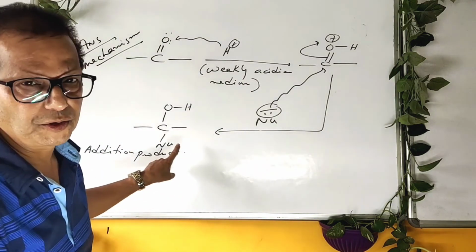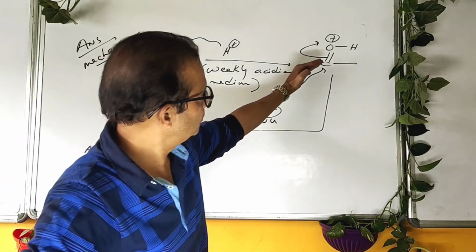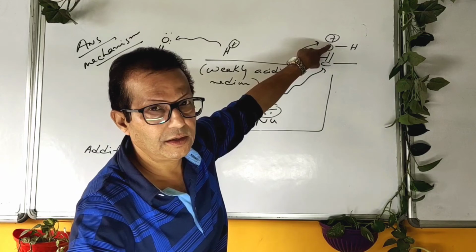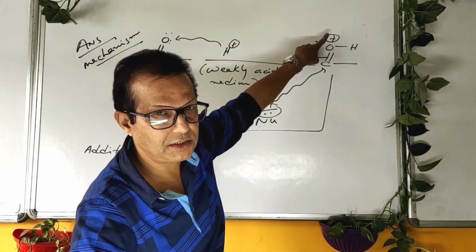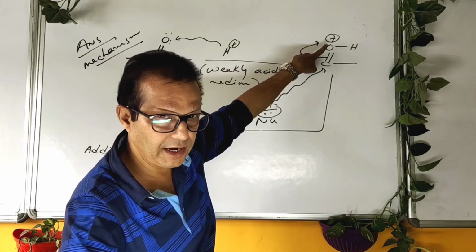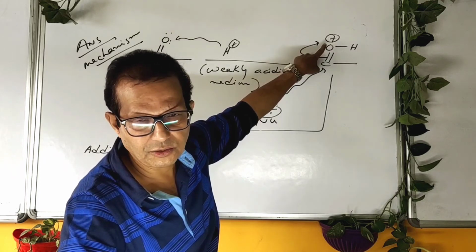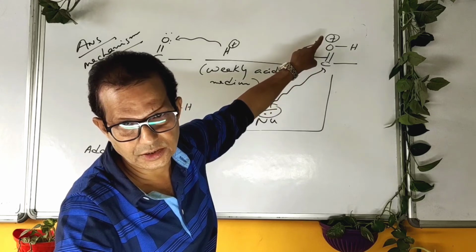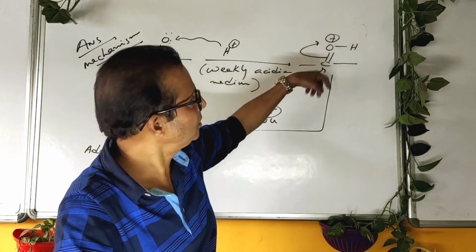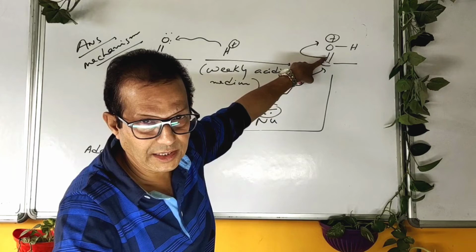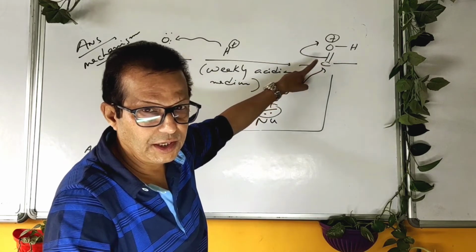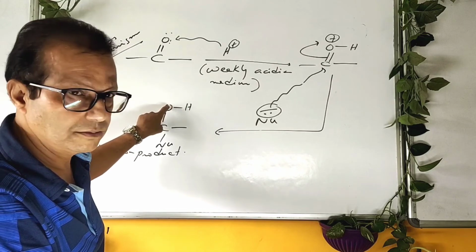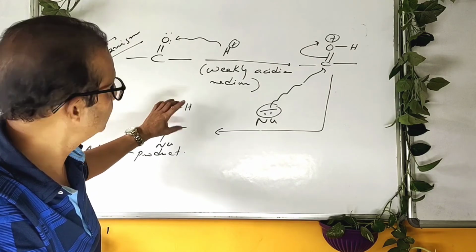You get the addition product. The oxygen becomes positively charged. As you know, due to the very high electronegativity of the oxygen atom, it cannot be positively charged. That's why by gaining the pi electron from the carbon atom, it becomes neutral. I have not mentioned any charge.